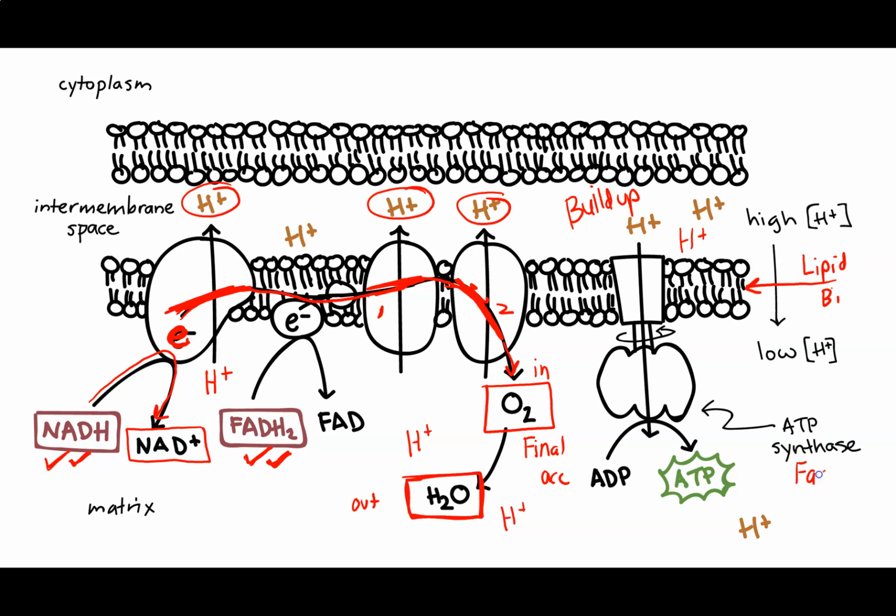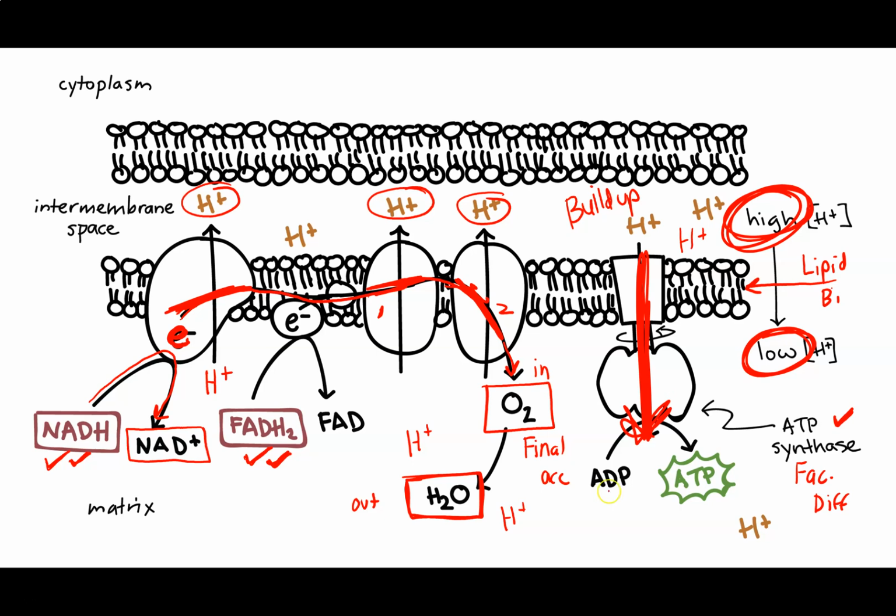So it's actually facilitated diffusion, meaning the hydrogens are going from a high concentration to a low concentration, but they can't get through by themselves. They need help. Well, good news. This ATP synthase is like, yo, I'll help. And in kind of return, as the hydrogen comes zipping through, it has a tremendous amount of energy.